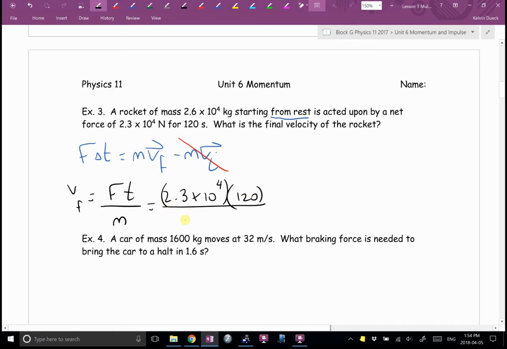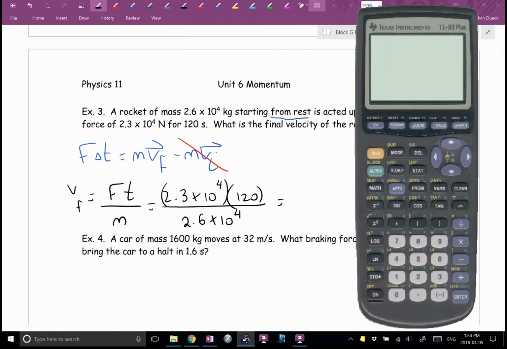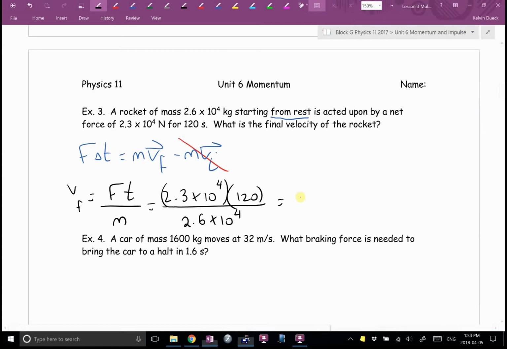What's the mass? 2.6 times 10 to the fourth. 2.3 times 10 to the 4 times 120 divided by 2.6 times 10 to the 4. You get 106.15, 106. Okay. Meters per second.